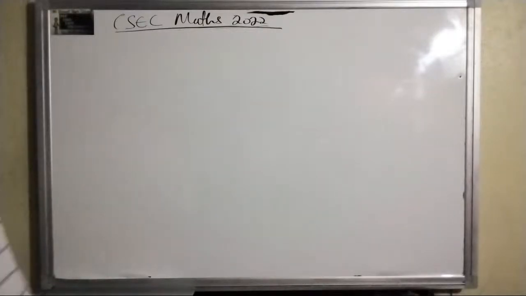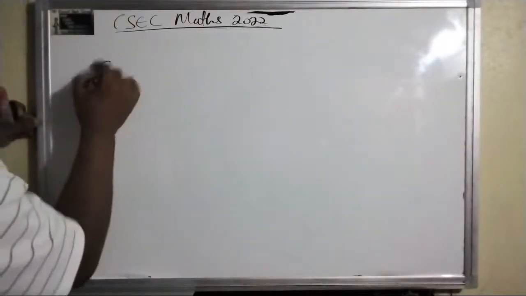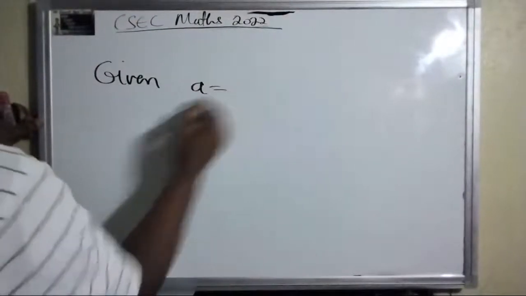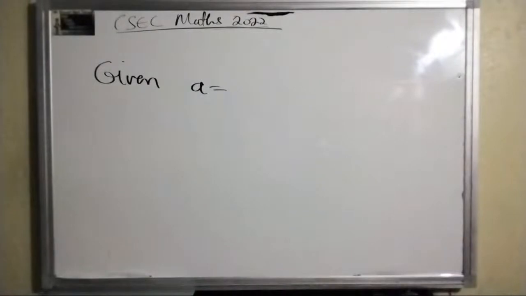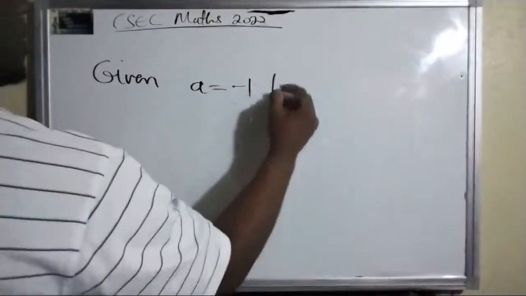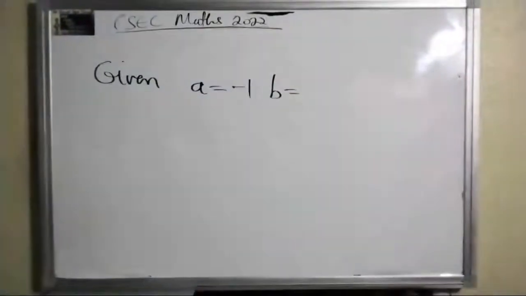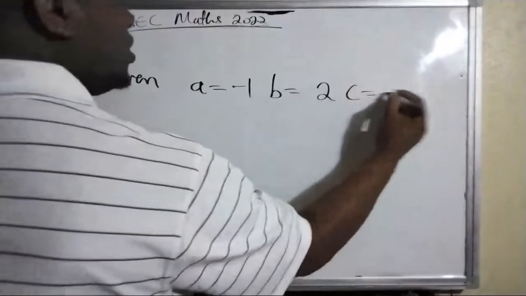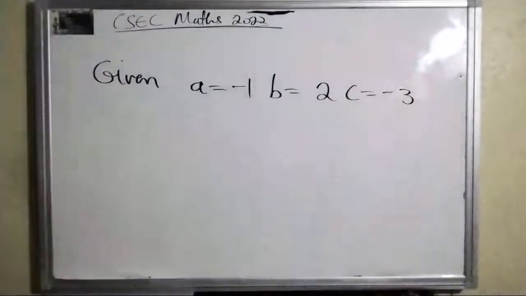Alright, let's look at this one. We're gonna continue with algebra until I find that function question I really want you guys to know. Given a is equal to negative 1, b is equal to 2, and c is equal to negative 3.